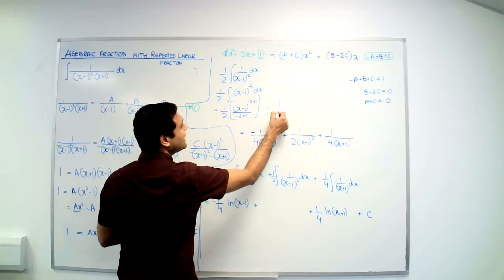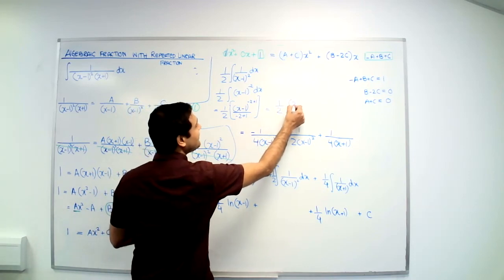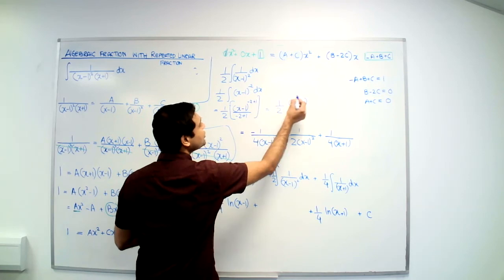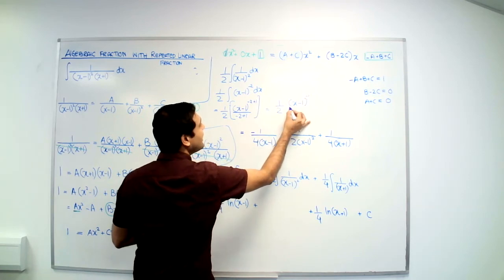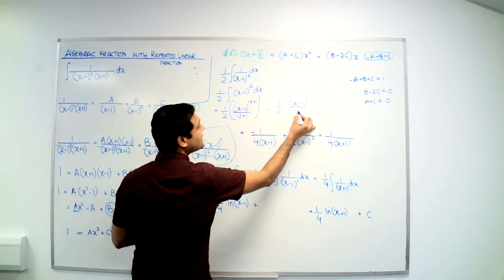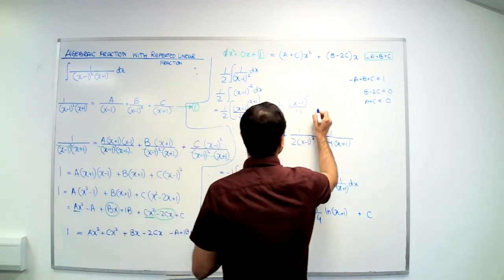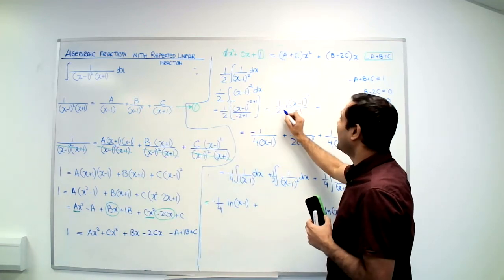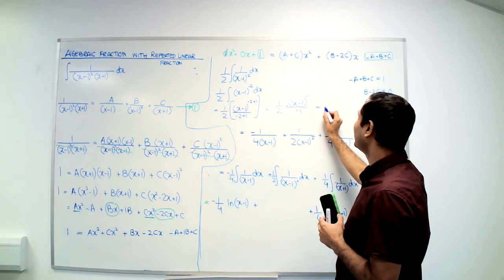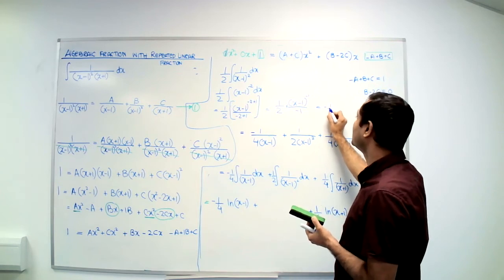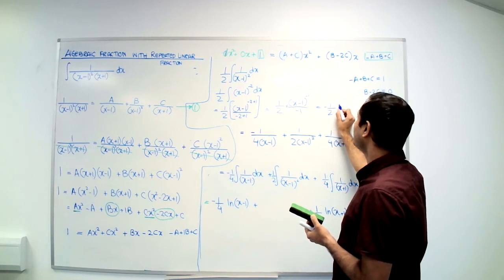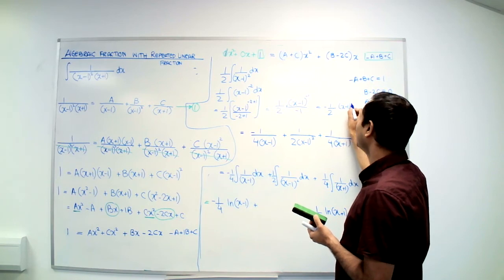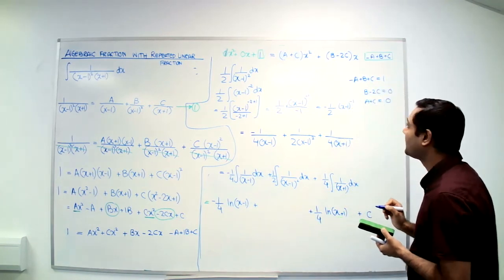So 1/2 is as it is. Here it becomes (x minus 1) to the power of minus 2 plus 1, which is -1. And at the bottom, -2 plus 1 is -1. They are multiplying, so 2 times minus 1 is minus 1 over 2, and you got (x minus 1) to the power of minus 1.